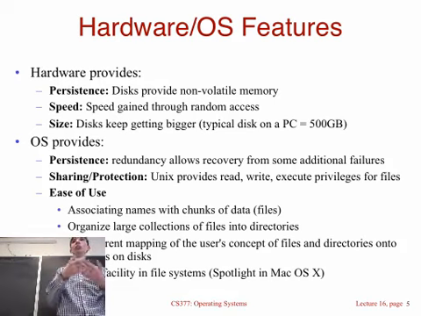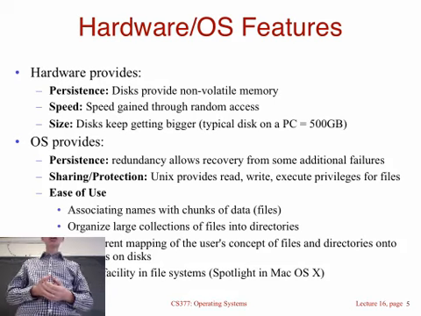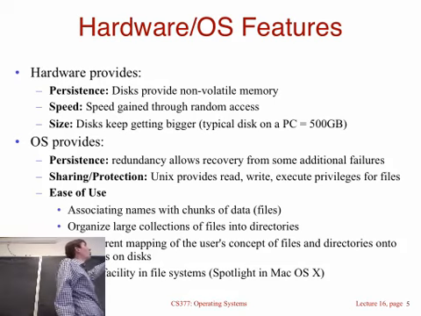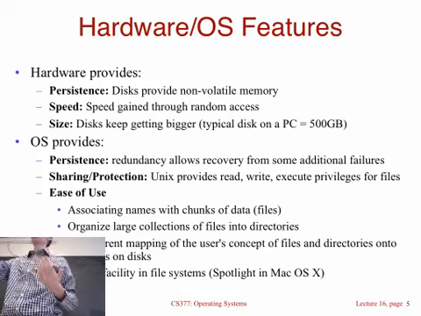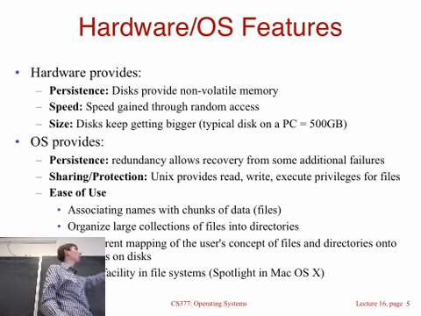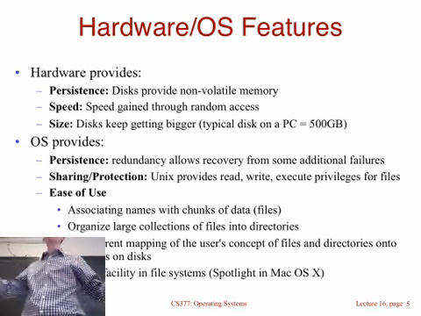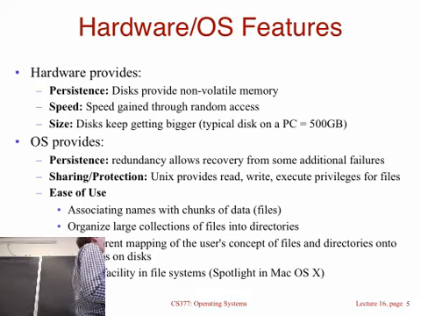A disk is basically magnetic storage that doesn't need power to maintain the state that it has. So, hardware is basically providing persistence in that way. Now, our disks are basically designed to be random access, meaning you can essentially access any part of the disk you want at once. So that's going to help in allowing us to access data quickly. And of course, disks just physically have been getting very, very large and very inexpensive. So that's also giving us the size.